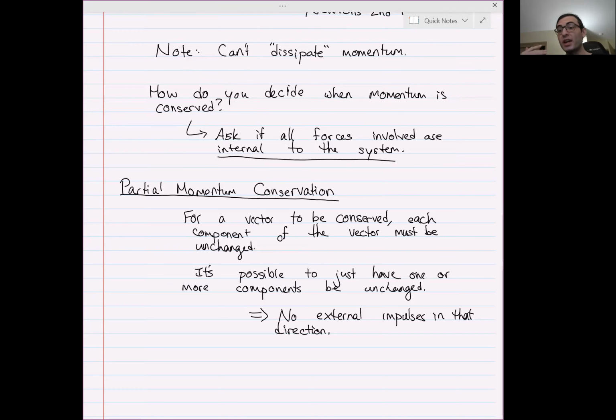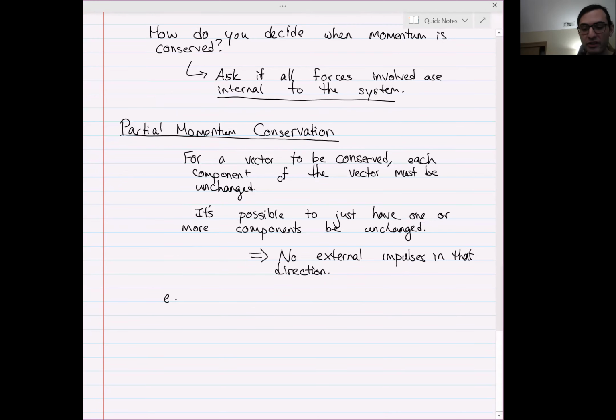Now, what that implies is that the external impulses must just not be in the direction of the unchanging momentum component. So, for example, if the momentum vector is changing in the y direction but not changing in the x direction, that would just mean that the external impulse is only in the y direction, because the force in the y direction can't affect the motion in the x direction.